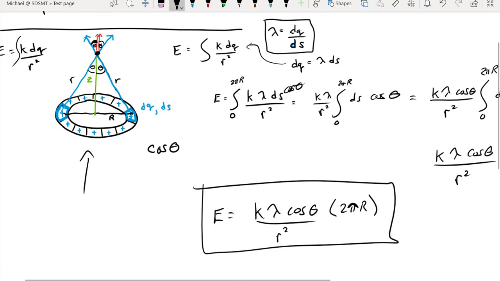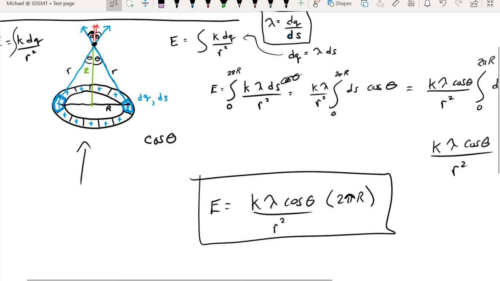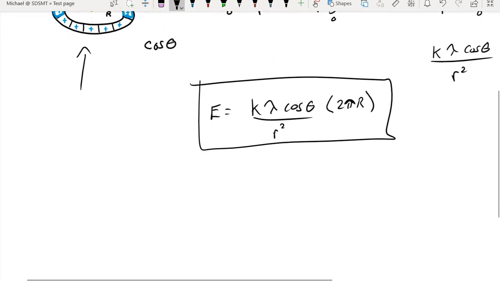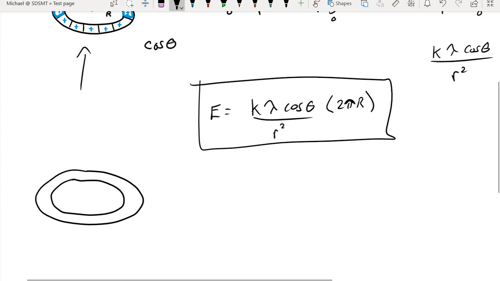If you can imagine for a moment, you're in a laboratory setting and you want to figure out what is the electric field that's being produced by this charged ring. So we have a ring with a bunch of charge on it, and pretty much everything in this diagram is a constant.